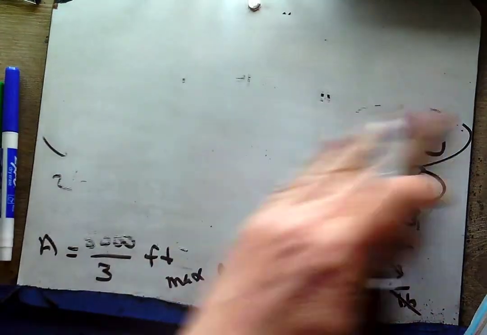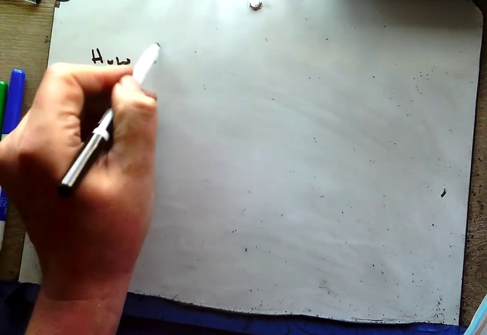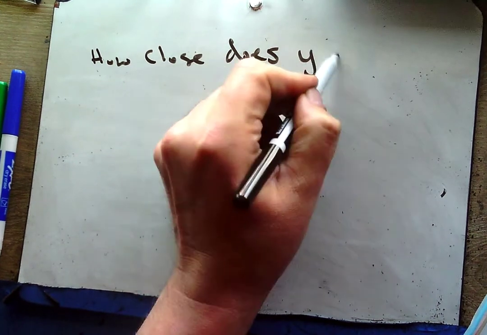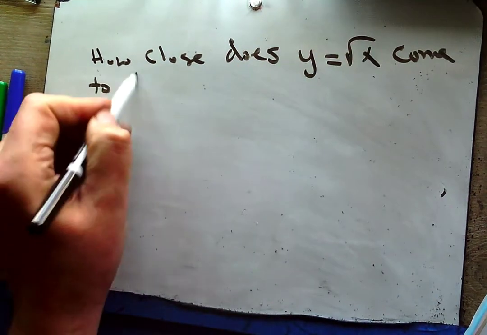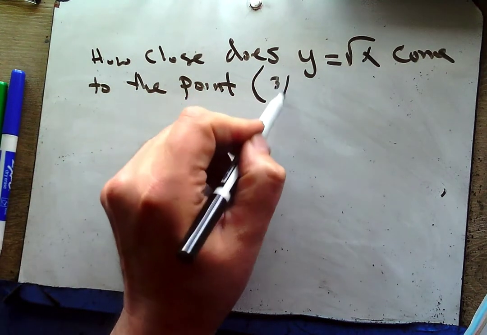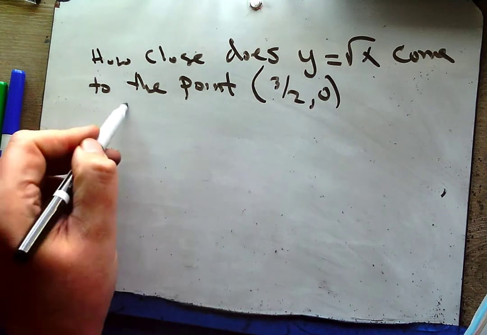We've got, oh, this is a great question. Like, I'm sure you've wondered this and will never admit this to another human soul. How close does the curve y equals square root of x come to the point 3/2, 0? I know, right?